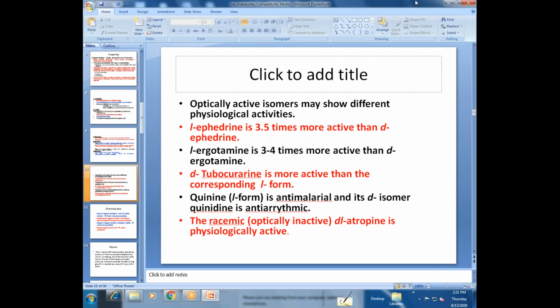So to conclude, they exist in the L and D forms, and we have to find out which form is more effective, what is the physiological action of the L isomer and the D isomer, and if it exists in a racemic mixture, is it active or inactive.